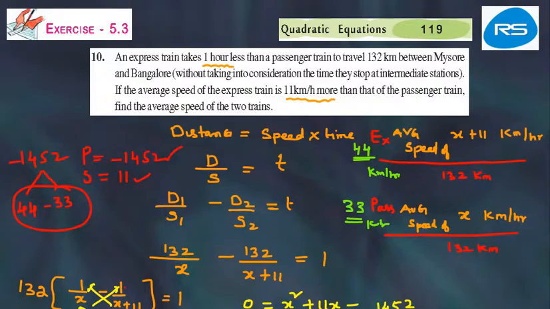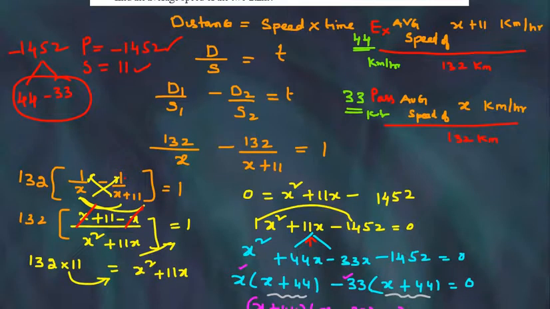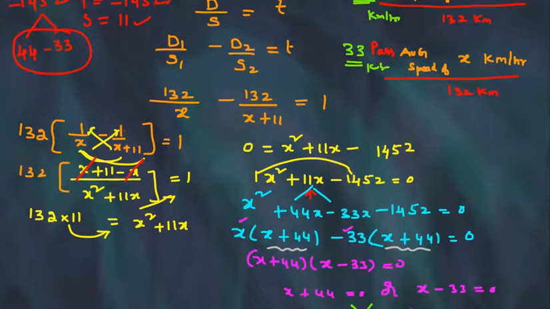So that's why time taken by the passenger train minus time taken by the express train, the difference is 1 hour. If we equate, you will get the quadratic equation. By solving the quadratic equation you will get the value of x. So this is all about the sum.